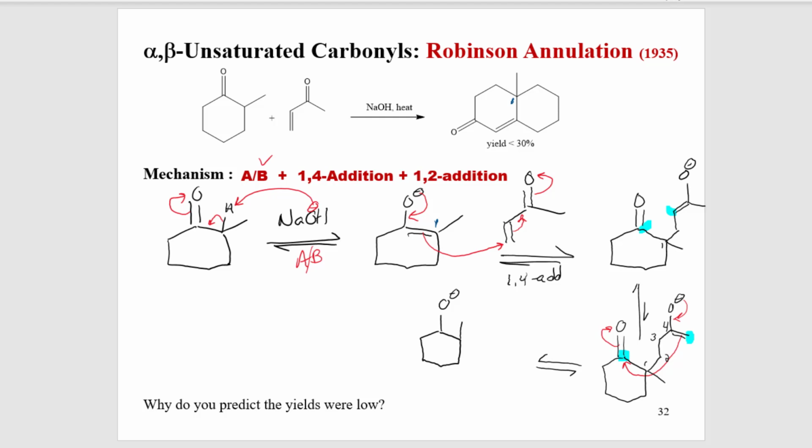Okay, so we know this is 1, and we know 1 is connected to 2. 1 is connected to 2, 2 to 3, 3 to 4, right? 4 is connected to 5, so 5 is now connected to 6. So we know the carbonyl is 6. 1 is connected to 6, and then basically we have a, oh my gosh, I'm so bad at drawing this. 2, 3, 4, 5, 6.